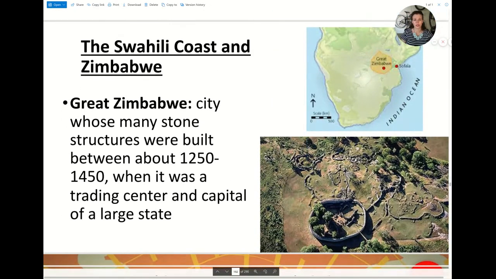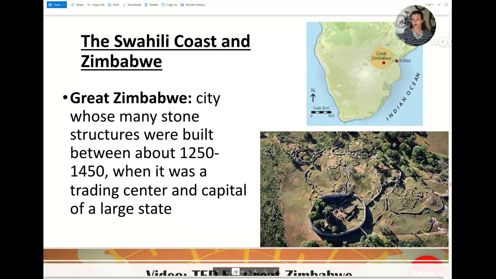So let's talk about a couple empires and kingdoms. The first one you should know is the Great Zimbabwe. So the Great Zimbabwe is a city whose many stone structures were built between 1250 to 1450, when it was a trading center and the capital of a large state.